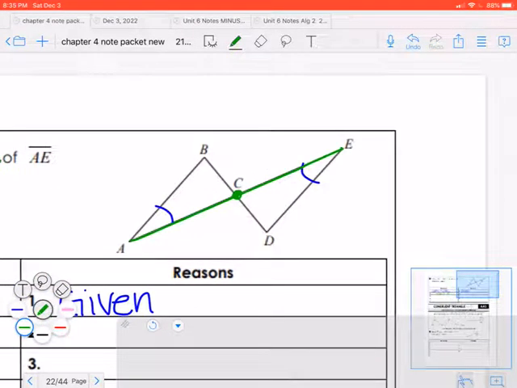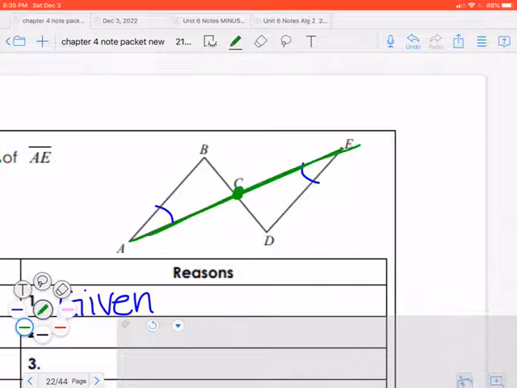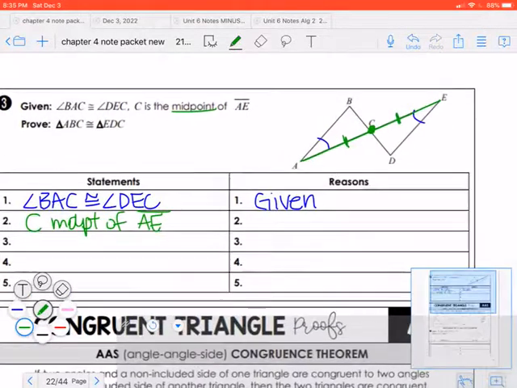When they say a point is the midpoint, what that means is that those two segments are equal to each other. Midpoint means the exact middle, so the two halves are going to be exactly equal to each other. So the next thing I would want to say is that CA is congruent to CE.